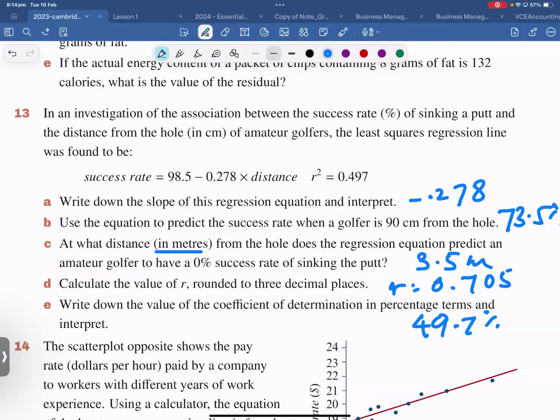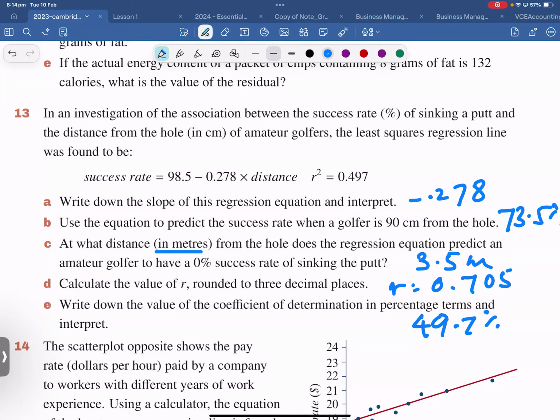So 49.7% of the variation in the success rate in putting the golf ball is explained by the variations in the distance of the golfer from the hole, on average.